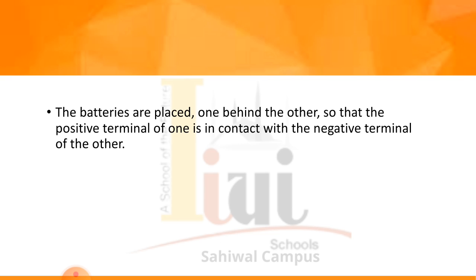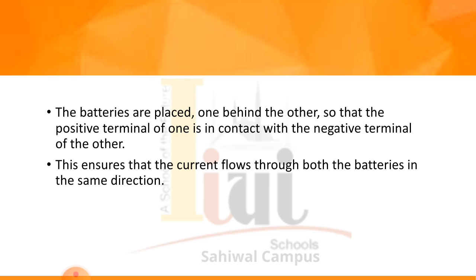The batteries are placed one behind the other so that the positive terminal of one is in contact with the negative terminal of the other. So both the batteries are connected one behind the other. That shows that the negative terminal of one is connected to the positive terminal of the other, and the opposite terminals are connected with each other. This ensures that the current flows through both the batteries in the same direction.